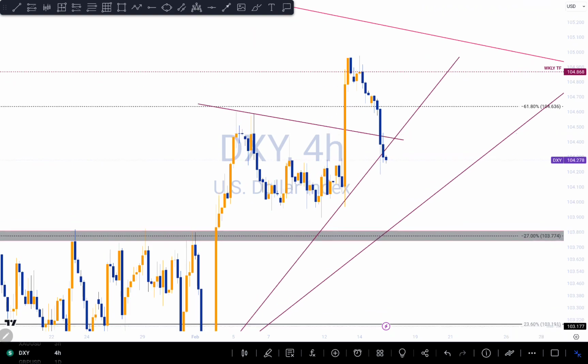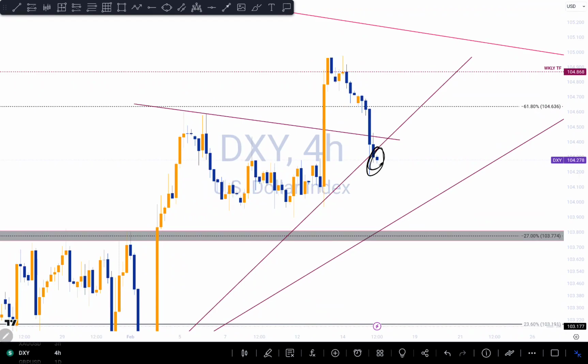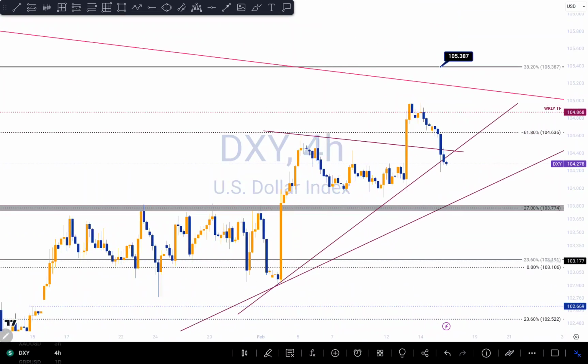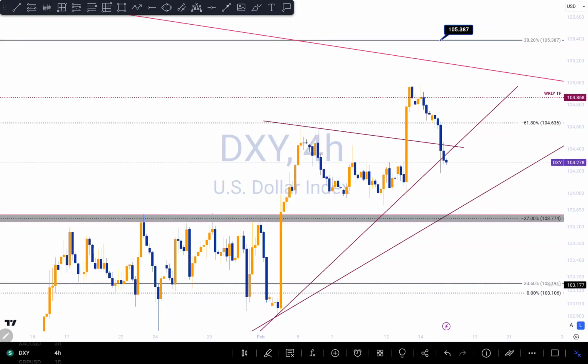So it depends on how the market reacts around this area right here. If we see more bearish candles closing above this zone, giving us a sort of retest, then there's a possibility that we might continue to push to the downside to get to at least 103.774, because we can see based on our prior price action that we actually tanked up, right?